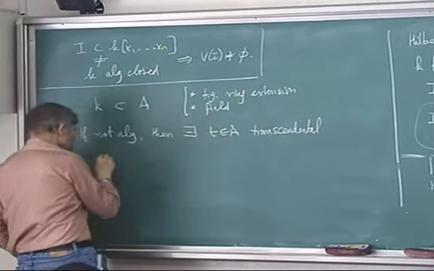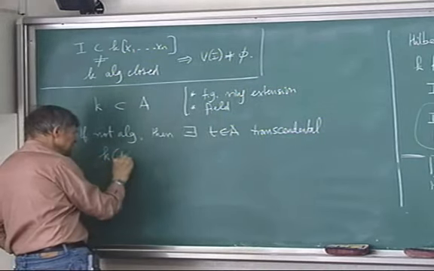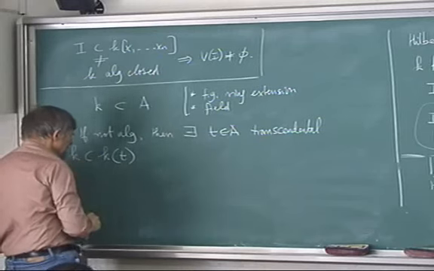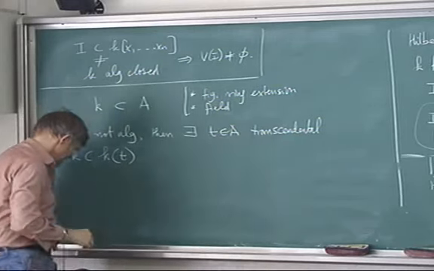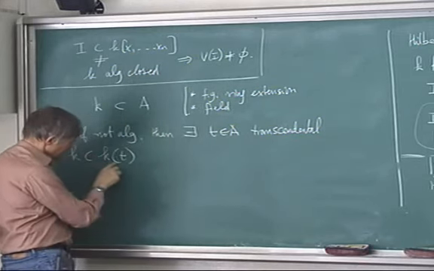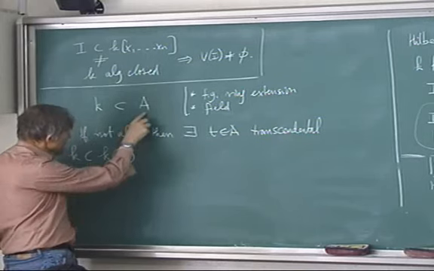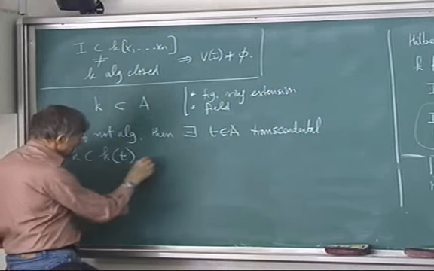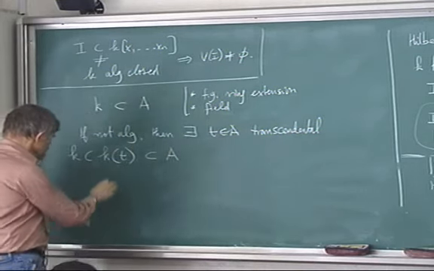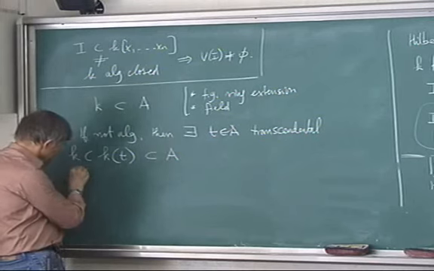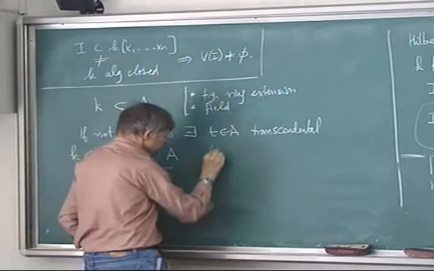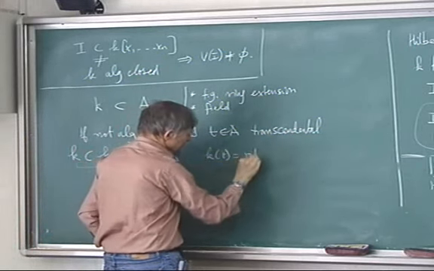And so this means when I do k(t), the field k(t), right? A is a field, so the polynomials in t are certainly in A, but also all the fractions are in A. Right? And so this is a field extension. k(t) is the rational function field.